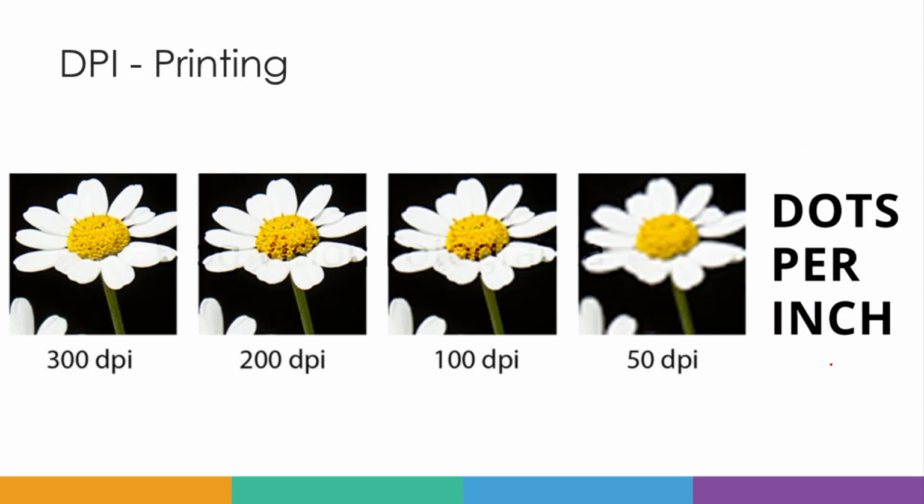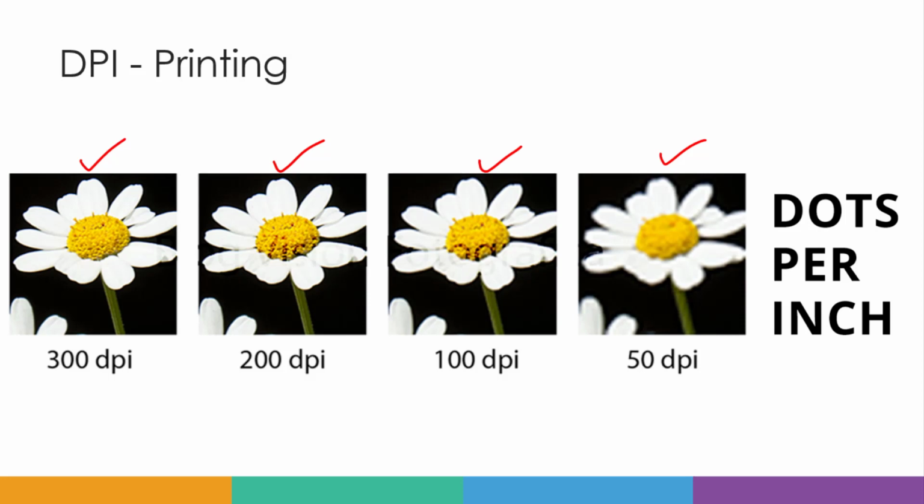This particular slide shows the quality of printing when we go with different DPI. For example, this is 300 DPI. See how clear the picture in printing is. This is 200 DPI, 100 DPI, and 50 DPI. We need to spend very little ink when we reduce the DPI, but the quality of the printing will be reduced.